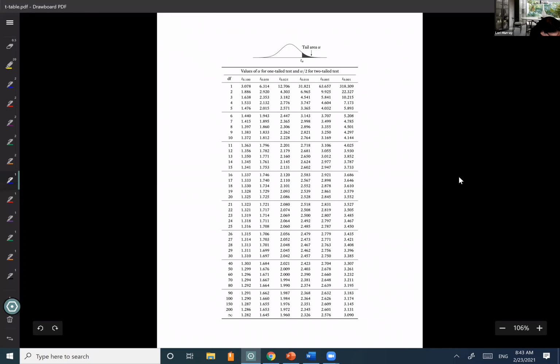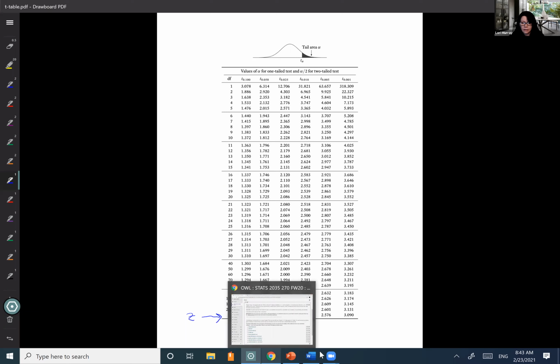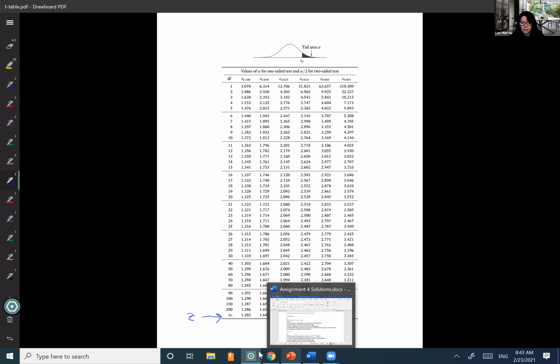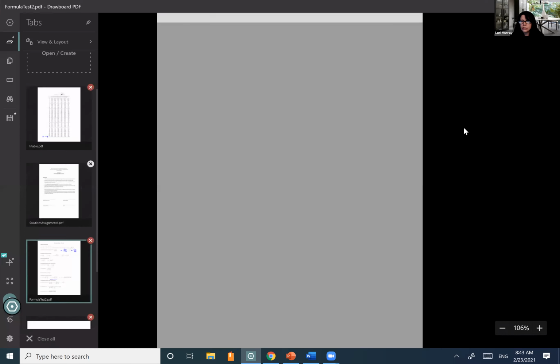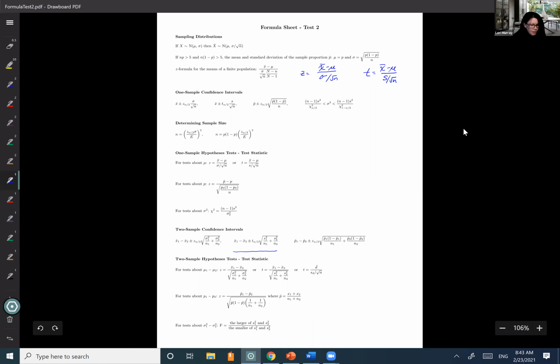When we have T infinity, when the degrees of freedom hits infinity, that is the Z values that you want to use, the critical values from the table. And you should know that as well from assignment 4. Okay, so just going to go back to the formula sheet, just want to cover it completely.